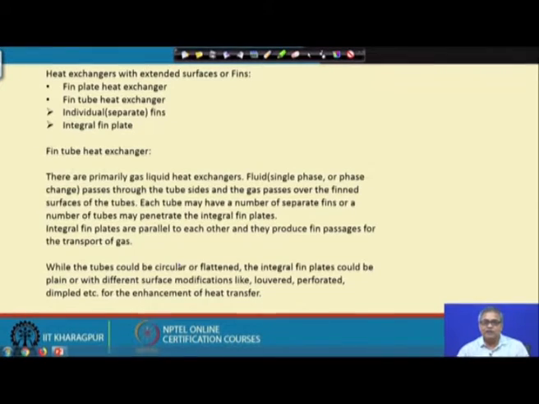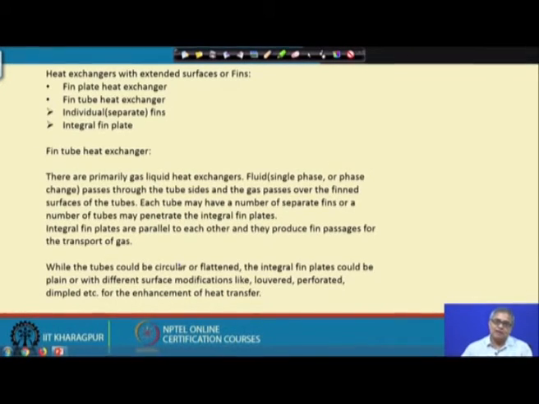So, these are the 5 resistances. One has to see which resistance is more, and if there is a gas liquid heat exchanger, then one will find that the gas side resistance is much more. So, the gas side resistance we have to reduce first. That is why fins are provided on the gas side. This I have repeated a number of times.